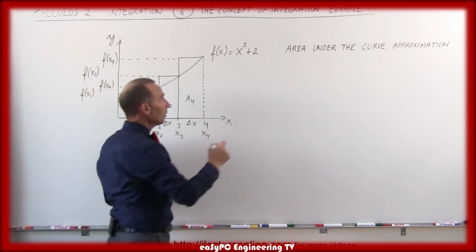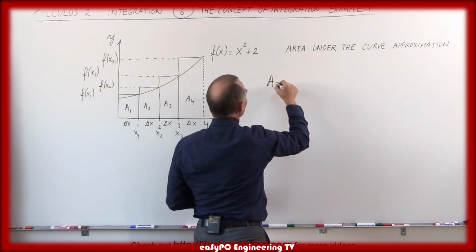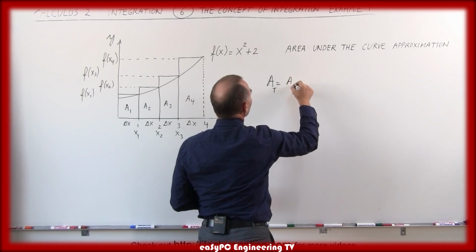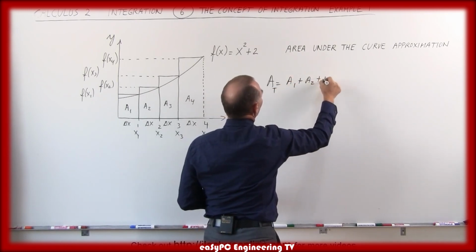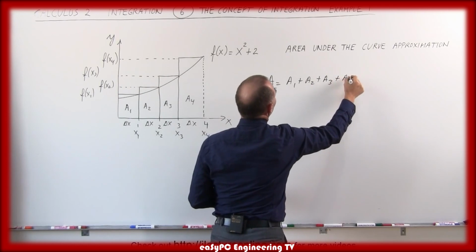Now, the total area will simply be equal to A1 plus A2 plus A3 plus A4.